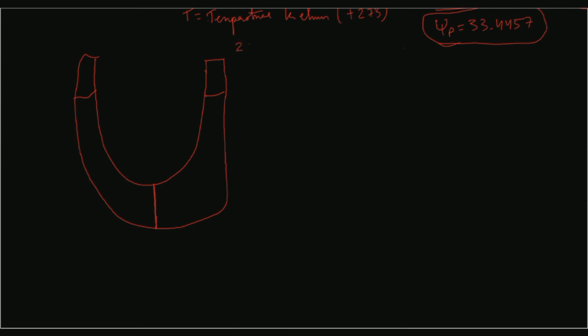So if we had 25 of A and 30 of B here, and here we had 25 of A and 40 of B, and only B is permeable to the membrane.